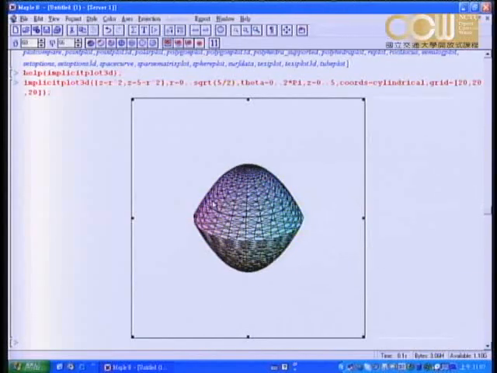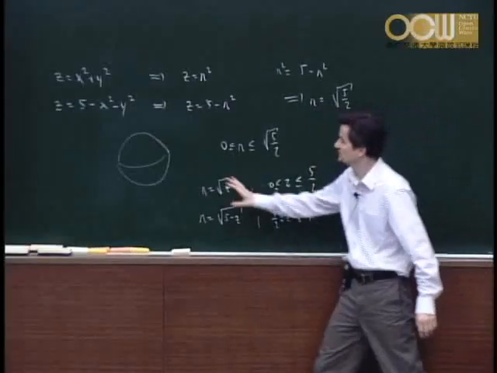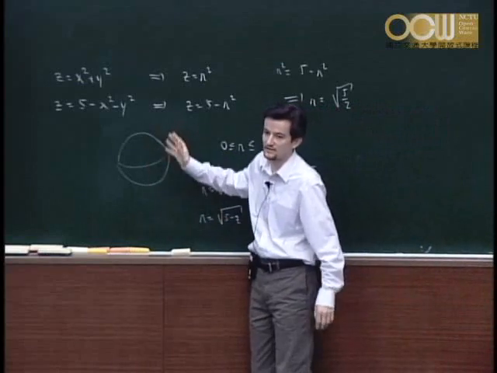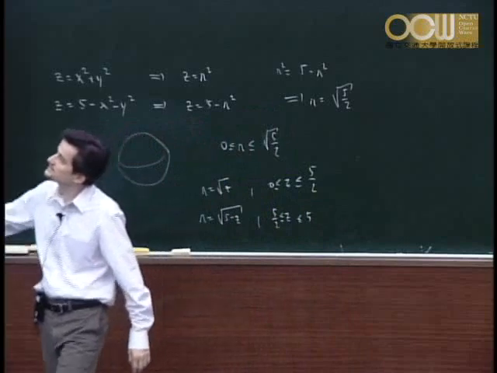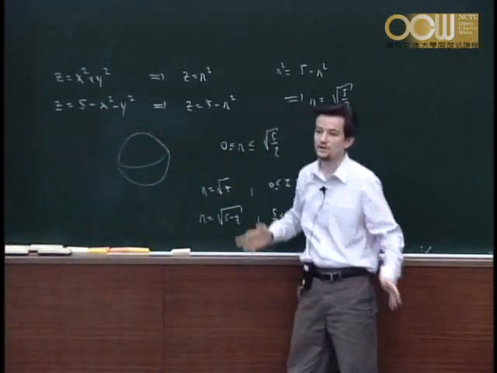Okay, so you see that using Maple, you have to think a little bit about how to plot something like this. If you use the usual plot 3D command, it wouldn't be possible to plot a solid, because the ranges are different as you go along. And even if you use the implicit plot 3D command, you have to think about what the right ranges are to get the right plot.